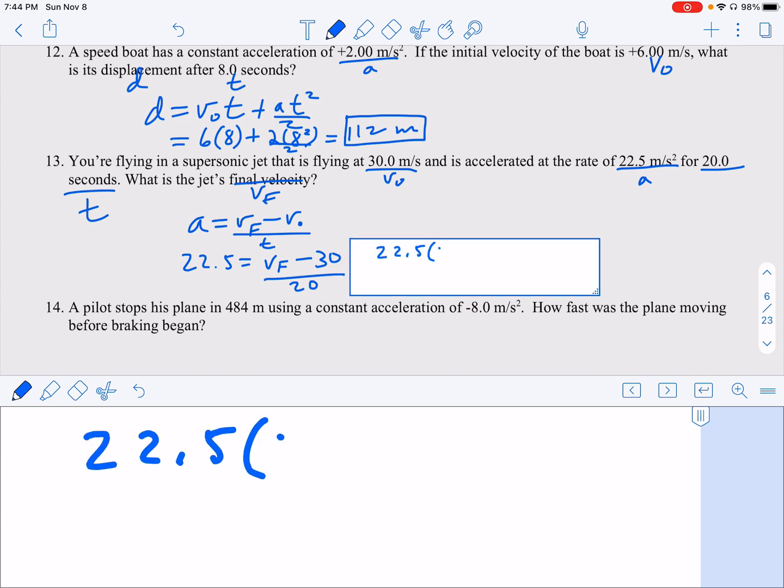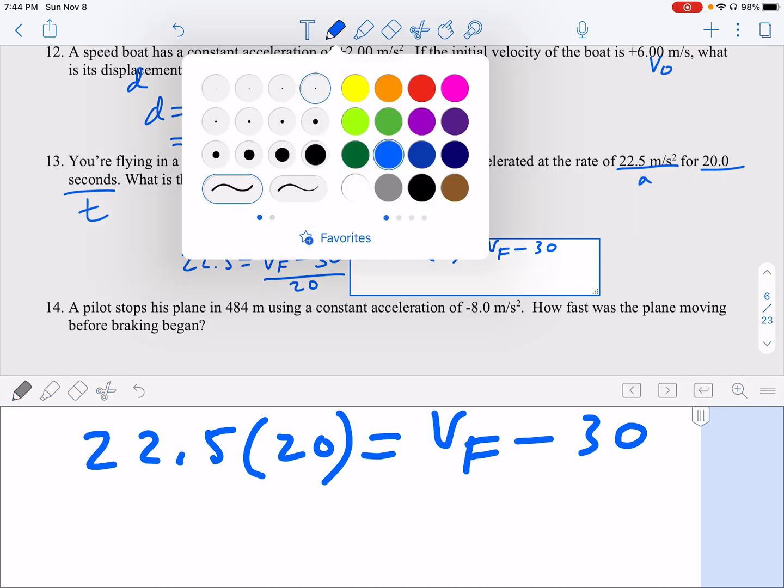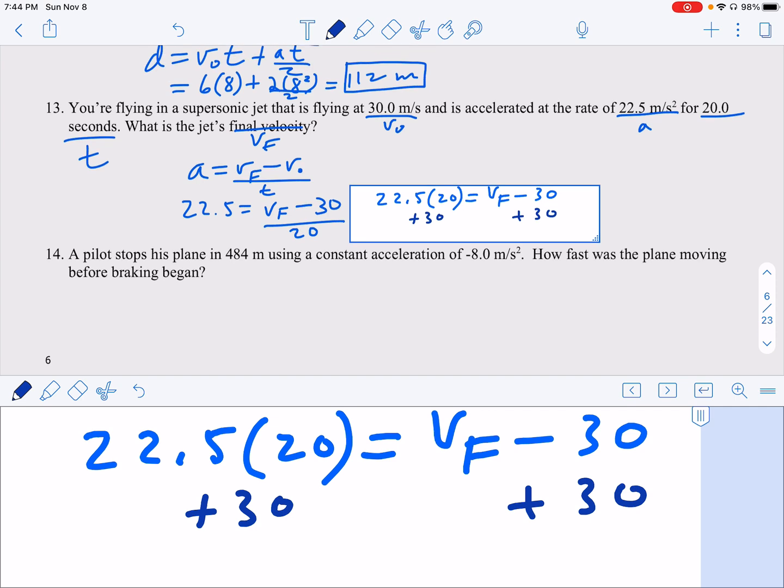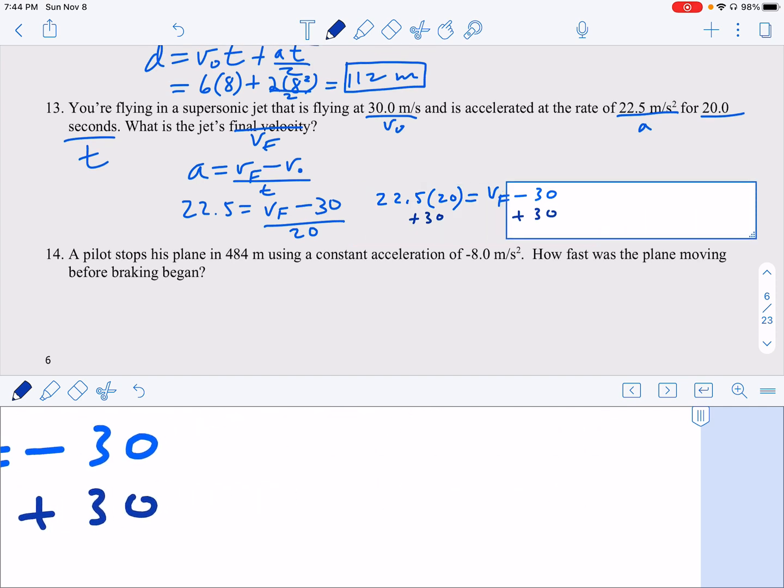22.5 times 20 is equal to VF minus 30. Add 30 to both sides, and we get VF is equal to 22.5 times 20, which is 450.